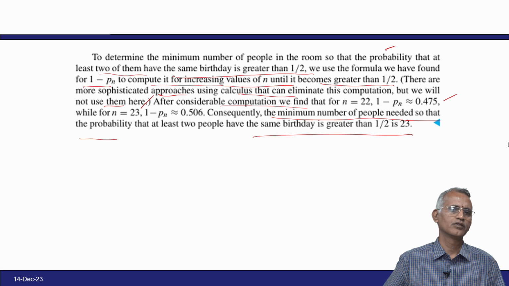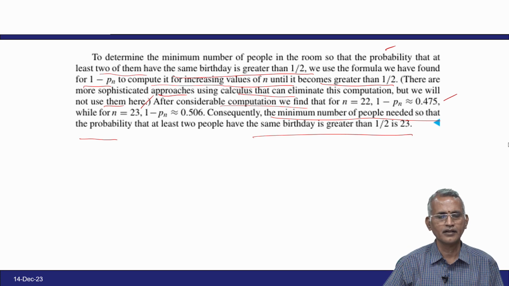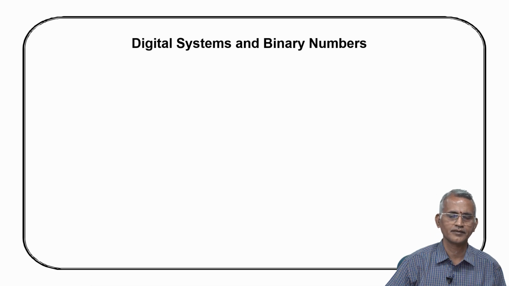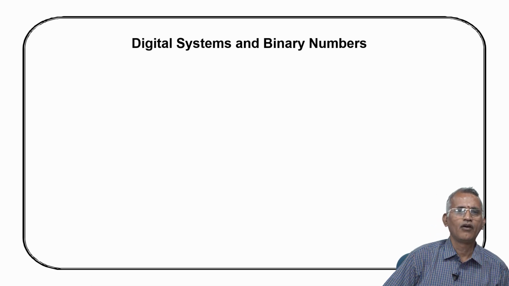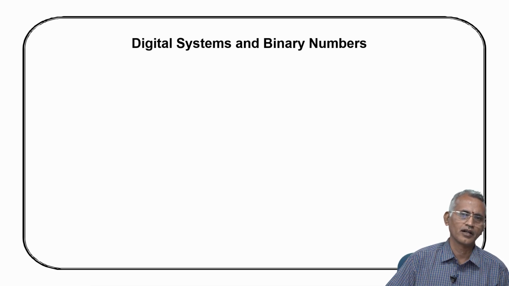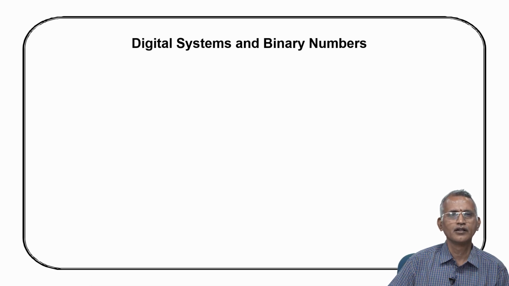Now, we are going to the next module 9, that is digital systems and binary numbers. It is most important for data science, particularly cryptography, steganography and so on. Now, we have to learn the fundamental ideas about digital systems and binary numbers.